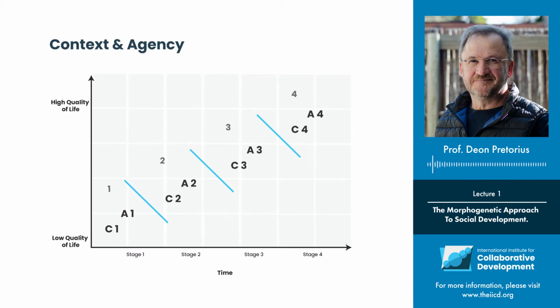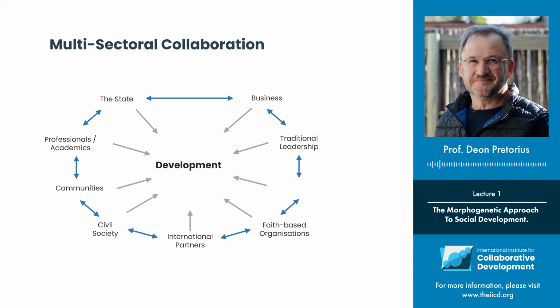We can depict this multi-sectoral co-responsibility development as something akin to a wagon wheel with development in the middle. And instead of just one spoke or one particular sector of society, we have multiple sectors that form spokes to this big wheel.